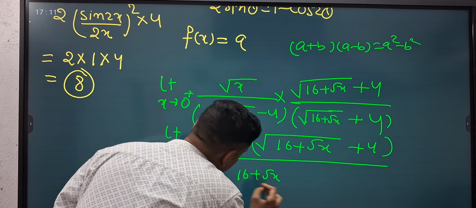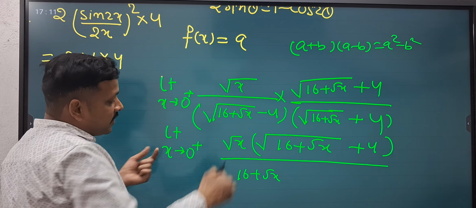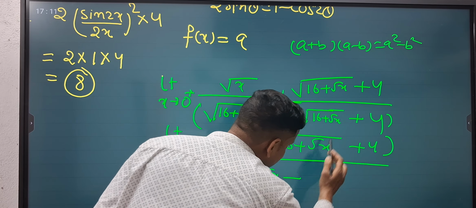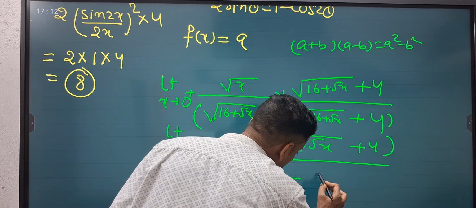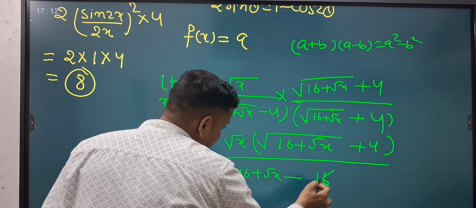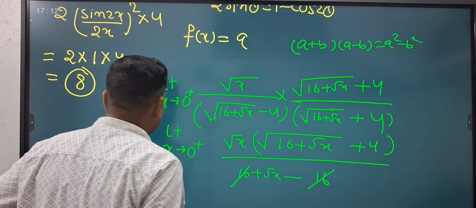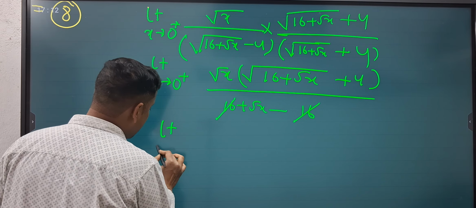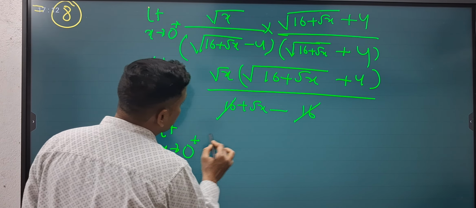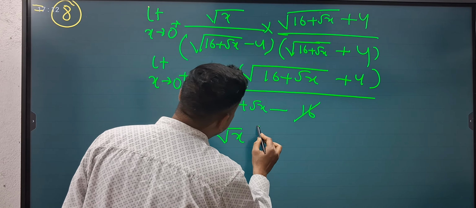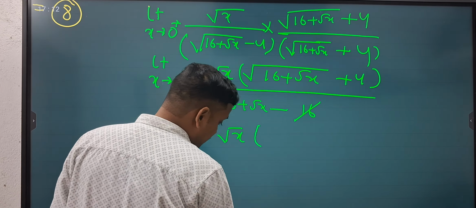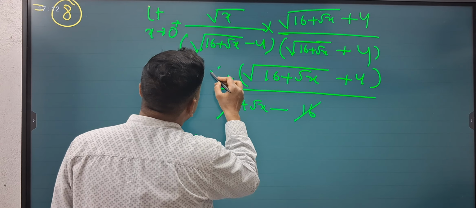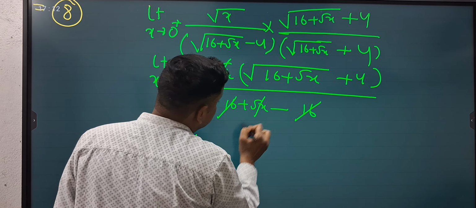By this formula we can write it as 16 plus root x, because the whole square of this one will be this one. So this is a square minus b square. B is 4, and 4 whole square equals 16. Here the same term with opposite sign will be cancelled. Now you can write limit x tends to 0 plus root x, and root x and root x will also be cancelled.